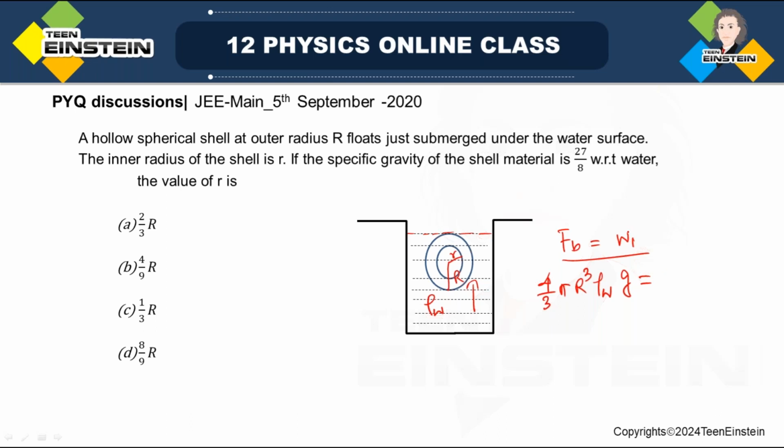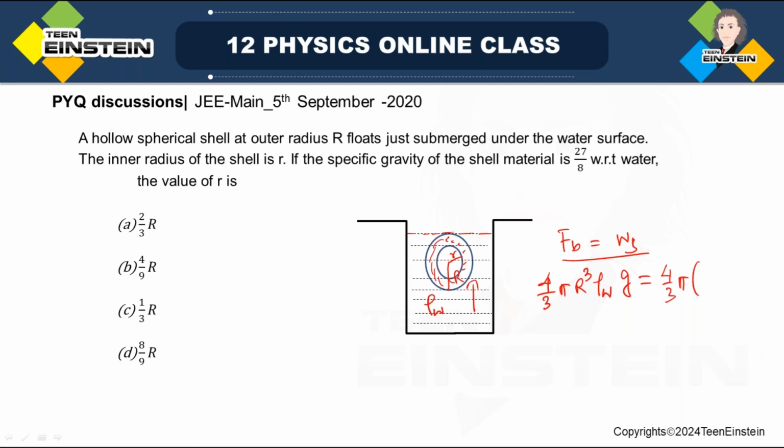Okay, on the other side, see the whole cell has weight. What is the weight of the cell? The weight of the cell is 4/3 pi. See, this is not a solid one, so it doesn't contain mass inside. It contains mass only in this portion.